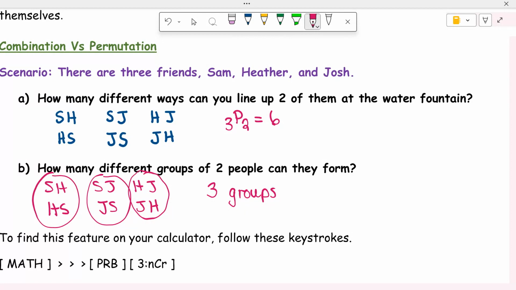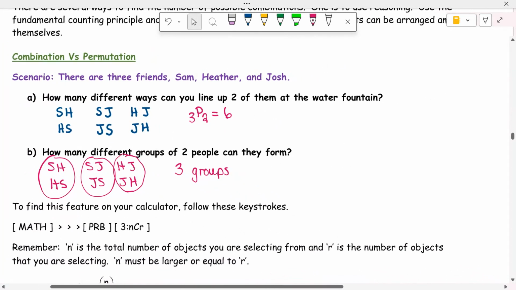When we're lining them up, order matters, because position matters. Both positions count in example A. Both positions don't count in example B because we're making a group. Hence, on your formula sheet, I'm going to show you something and then we're going to talk about it.